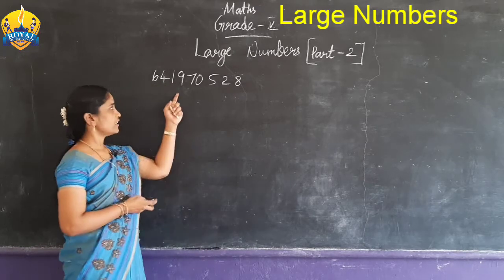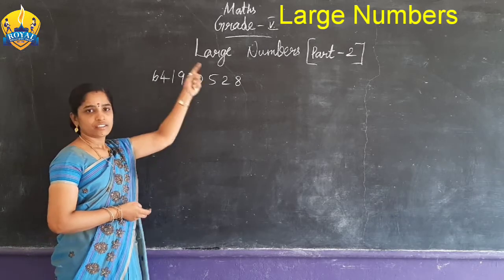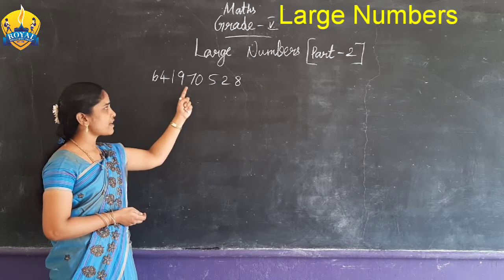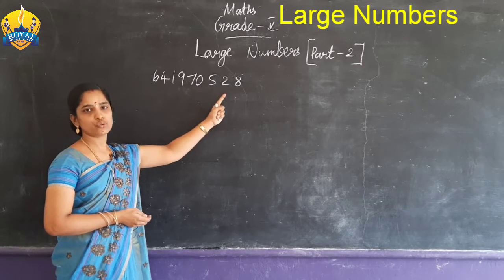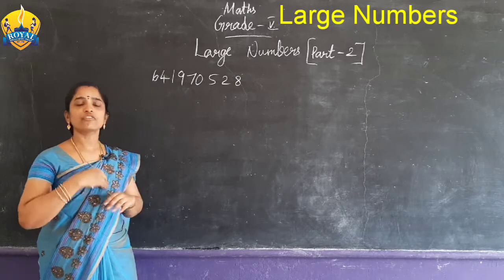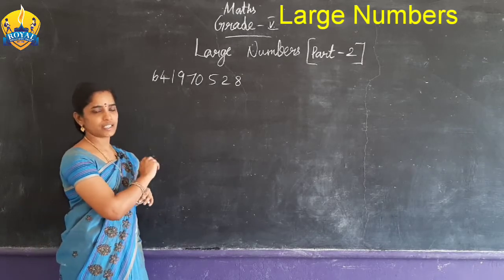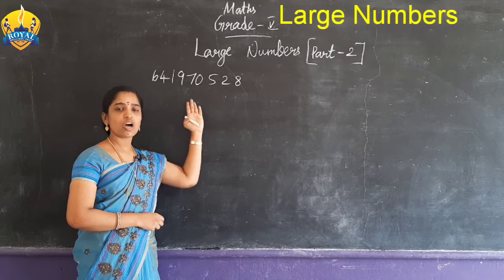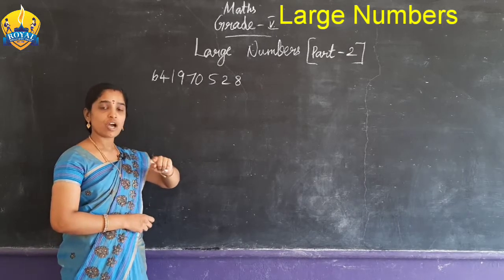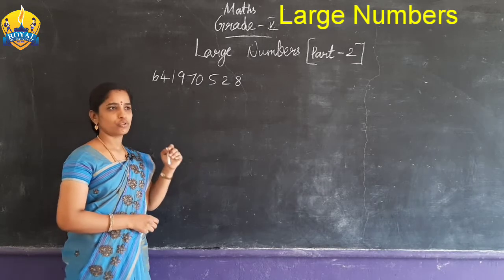Listen, consider the numeral. The given numeral is 641970528. First, write the place value above the number. We know the Indian place value goes up to 10 crore.